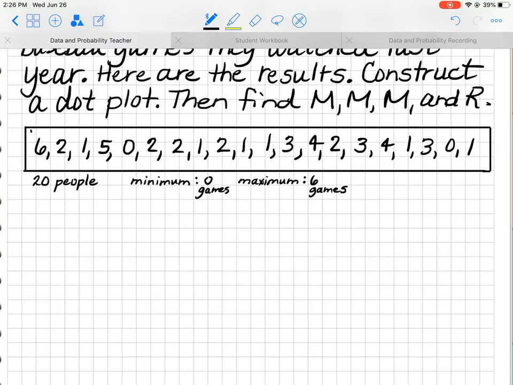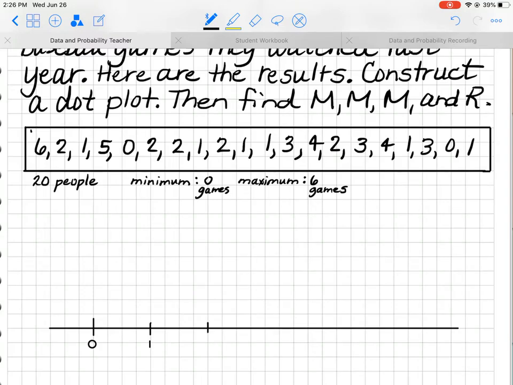So what we need to do is draw a line, a straight line, horizontal. And then we need to mark off some intervals on the line. I'm going to use every 4 spaces. So if this is 0, there's 1.